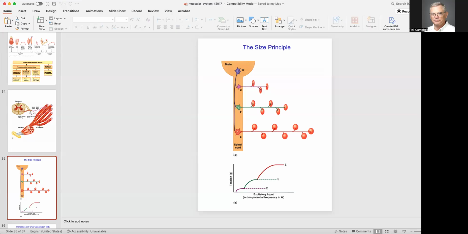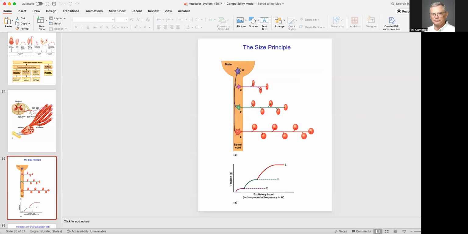So without the size principle, I can't have any fine movements. With the size principle, I do this. I can controllably contract the speed at which I do this. Without the size principle, I can't. So how does the size principle work?